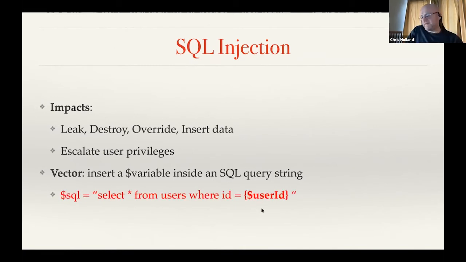So here's an example in PHP. You've got your SQL statement, select star from users where ID equals, and then you just put $userID, and you retrieve your user ID from the request, and you just blindly plug it in. This allows an attacker to actually modify your SQL statement and make it do things you did not intend to do. So that's the basic vulnerability.